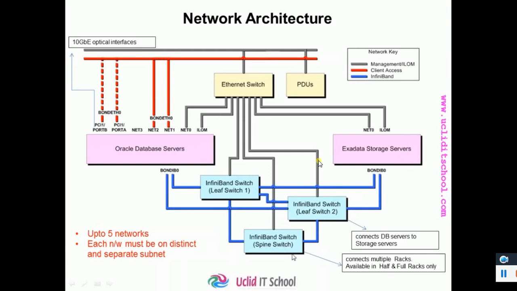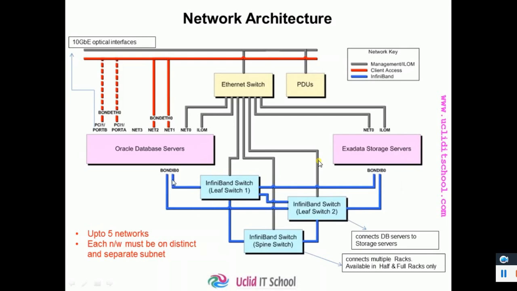Now, on every database server and every storage server, you will have 2 InfiniBand ports. For better throughput and high availability, these are bonded together to tolerate the failure of a single interface.